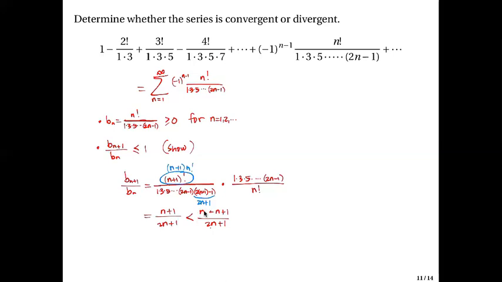You added a positive integer in the numerator, so this becomes bigger. But this guy here is 2n plus 1, so it will cancel the 2n plus 1 denominator, meaning this is actually less than 1. So we have shown that Bn is decreasing.